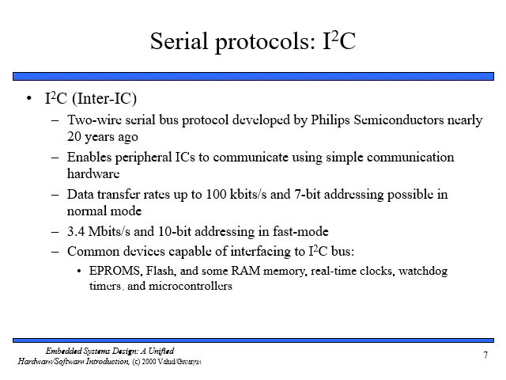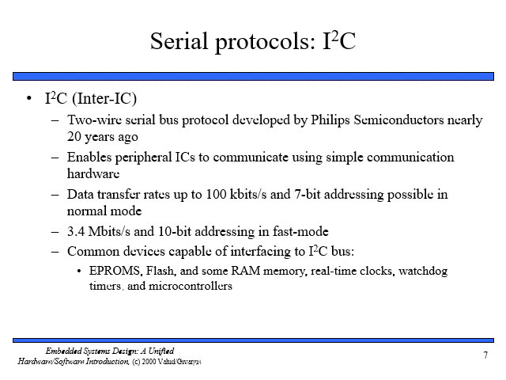The I2C is also known as the Inter-IC protocol. It's a two-wire serial bus protocol developed by Philips Semiconductors almost 20 years ago. This protocol enables peripheral ICs to communicate using simple communication hardware.